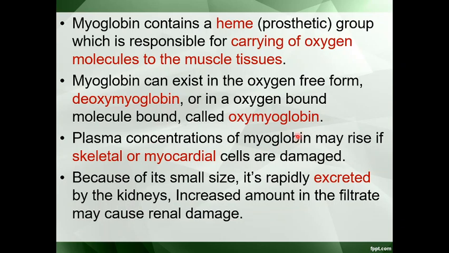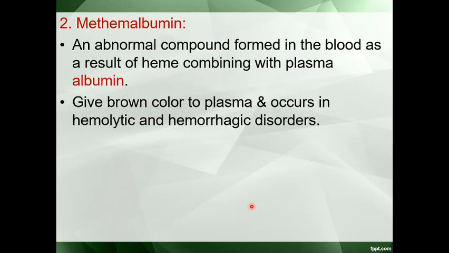Plasma concentration of myoglobin may rise if skeletal or myocardial cells are damaged. In this case, the myoglobin is released into the plasma. Because of its smaller size, it is rapidly excreted by the kidneys, and an increased amount in the filtrate may cause renal damage. Because if it is filtered through the glomerulus, then it may cause renal damage.